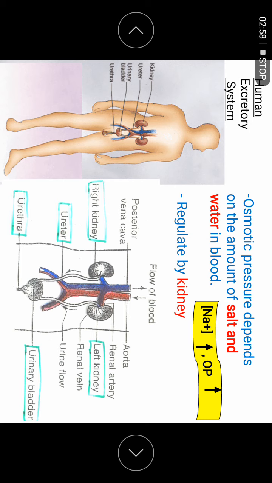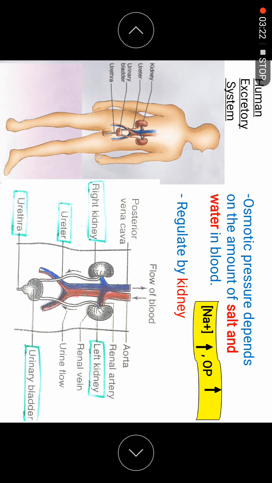When the sodium is high, automatically we understand the water is lower. It always goes opposite, salt and water. So more salt in the blood means lower water concentration in the blood. This is regulated by the kidney.